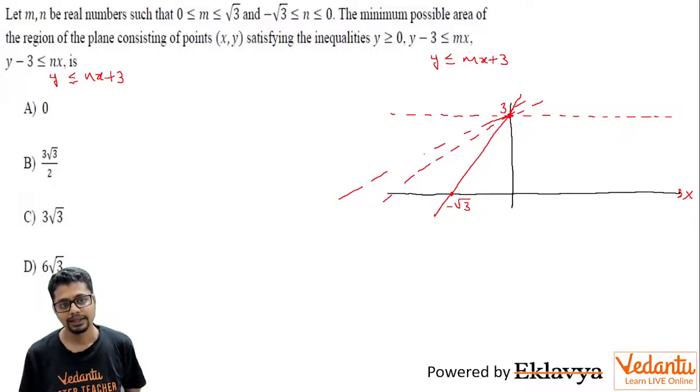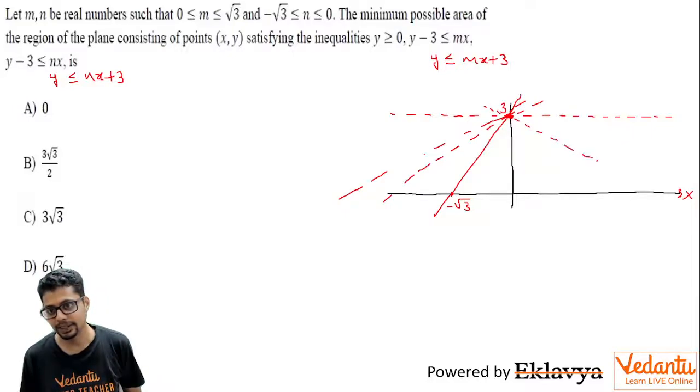If you just consider the equality part at this point of time, you get a line y equal to nx plus 3, irrespective of what n is. This line definitely passes through the point (0, 3), again the same very point. Now as you decrease the slope of this line, as you decrease the value of n, the lines that you'll get will be like this, as you are decreasing further and further.